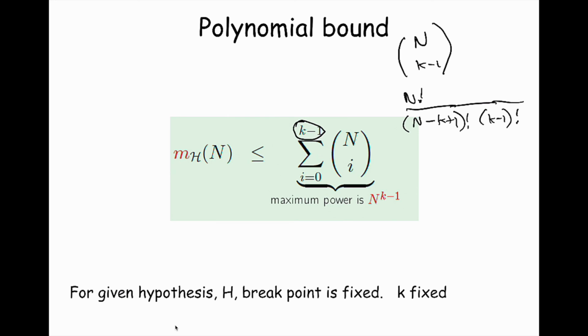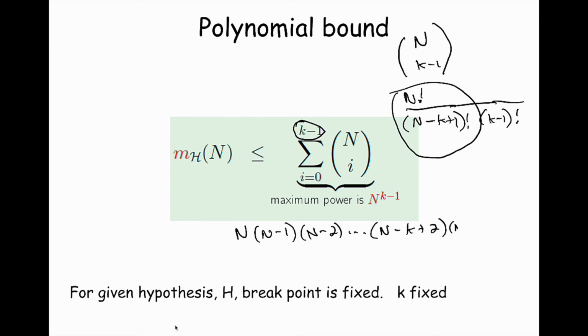So let's consider this portion of the expression. We have n times n minus 1 times n minus 2, dot dot dot. At some point, we're going to have n minus k plus 2, and then n minus k plus 1, dot dot dot, times 2 times 1 in the numerator. In the denominator, we're going to have n minus k plus 1 factorial.